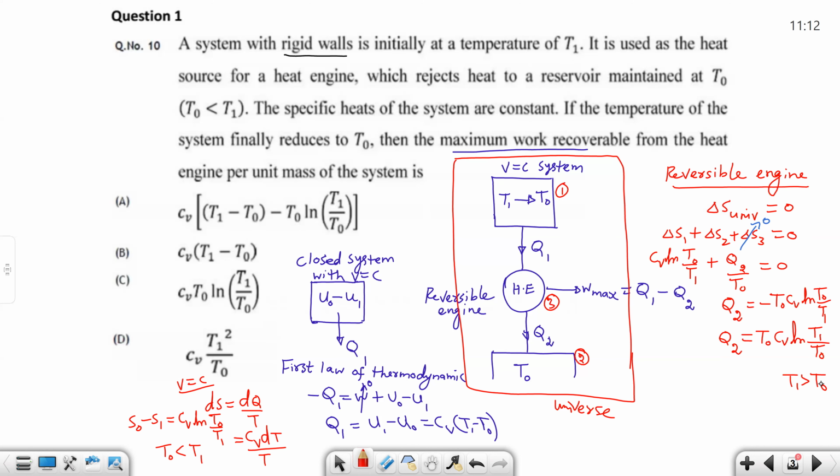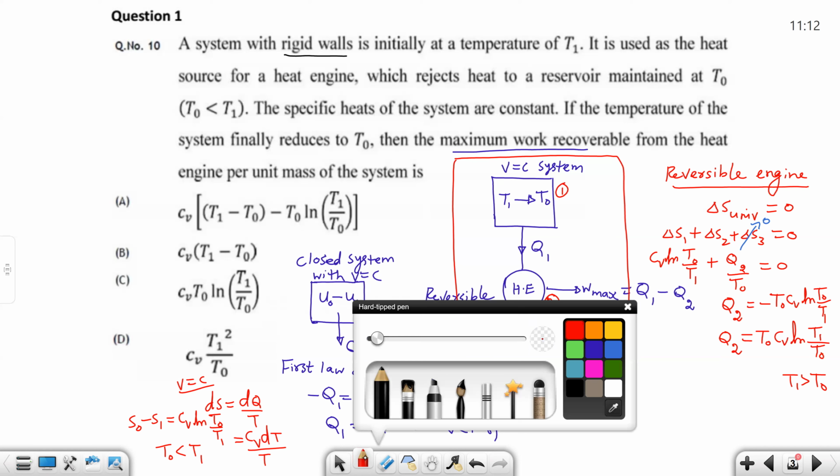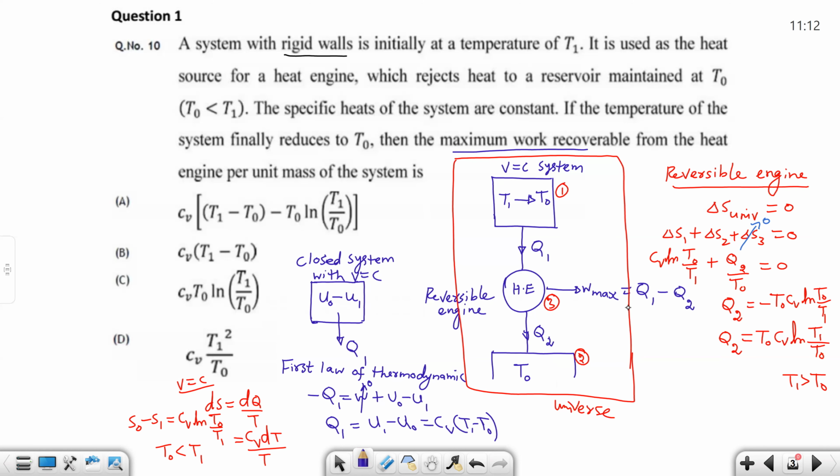So the maximum work now you can get. So the maximum work will be equal to Q1. Q1 is Cv into T1 minus T0, minus Q2, which is T0 Cv ln T1 by T0.